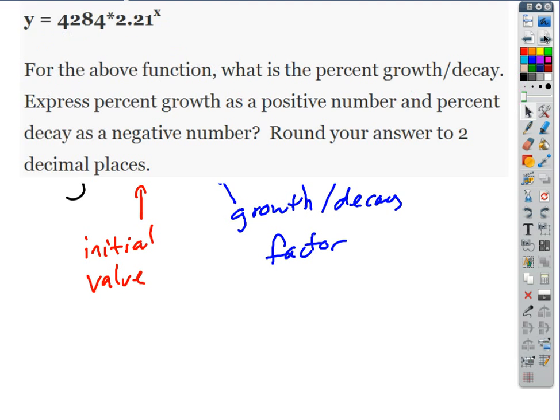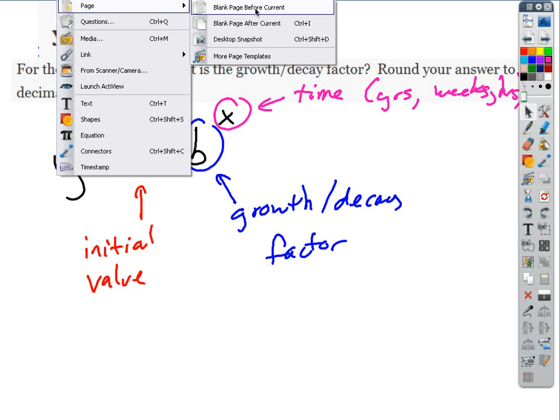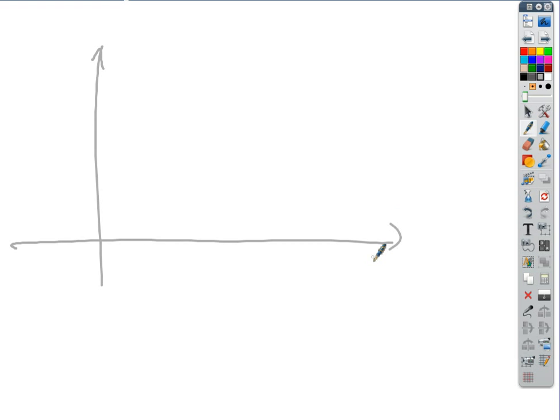If you were to graph an exponential function, here's what you would see. Okay, this is what it would look like.